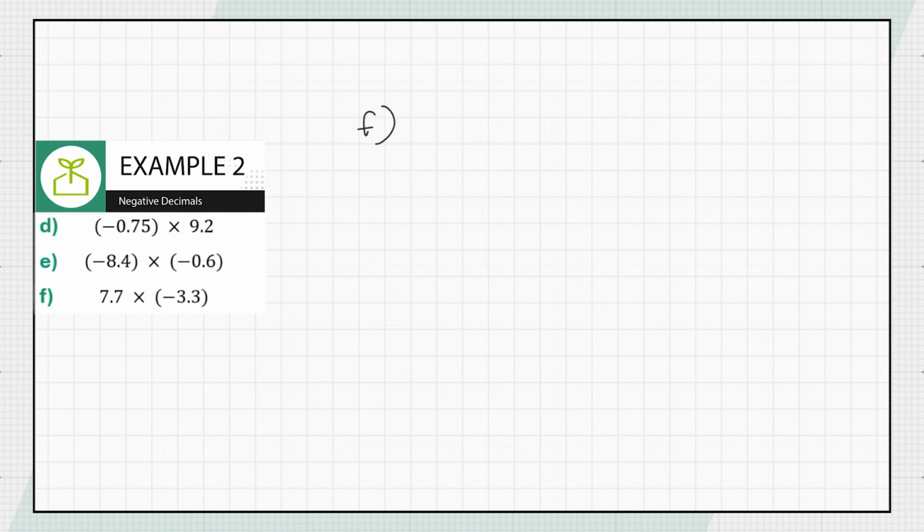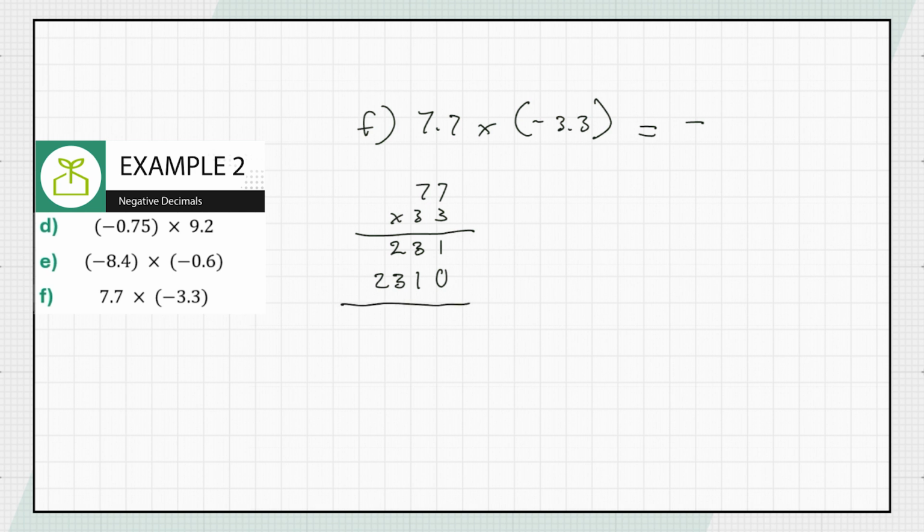Alright, lastly we have F, which is 7.7 times minus 3.3. Now this is a positive multiplied by a negative, so our sign will be negative, and then we just need to do 77 multiplied by 33. Alright, so if we do 3 times 77, we'll get 231, and then put down a 0 and do 3 times 77 again and get 231, except moved 1 over to recognize the tens column.